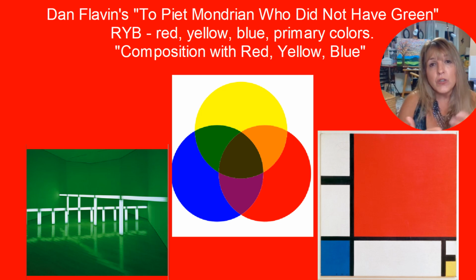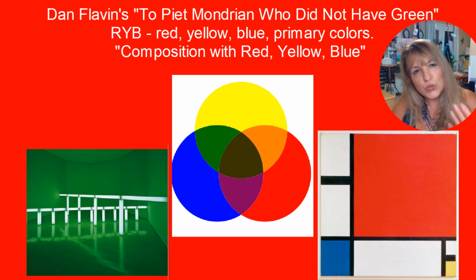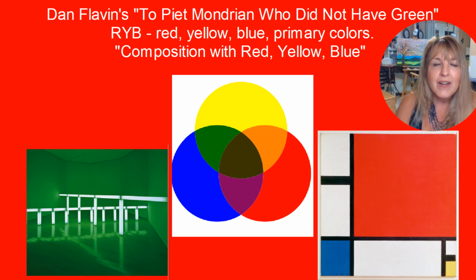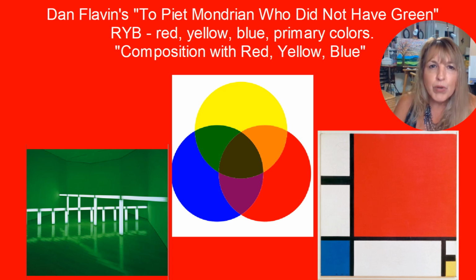Under the colors lecture, there is a link talking more about that. But historically speaking, red, yellow, blue are in fact the primary colors. But today, cyan, C-Y-A-N, magenta, and yellow are considered primary colors. Neither's really wrong. It's just all part of the history.